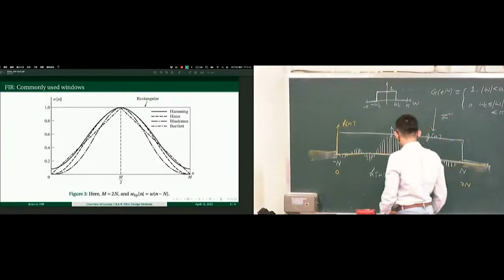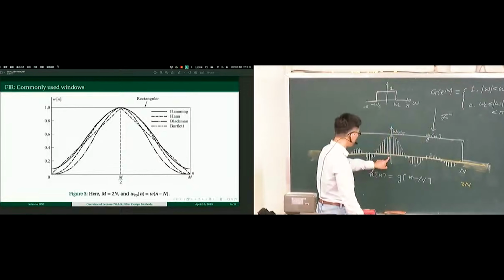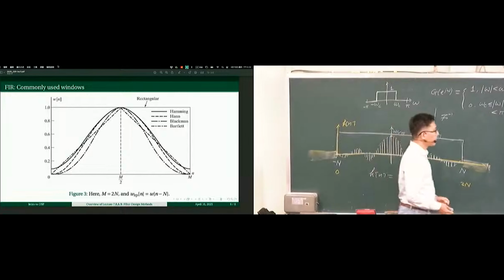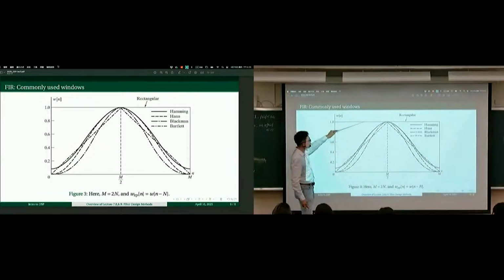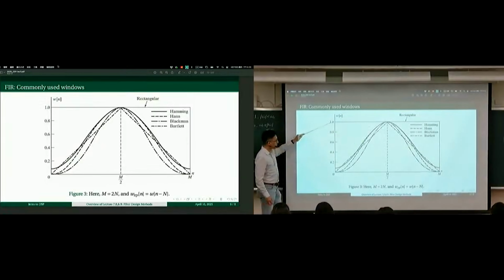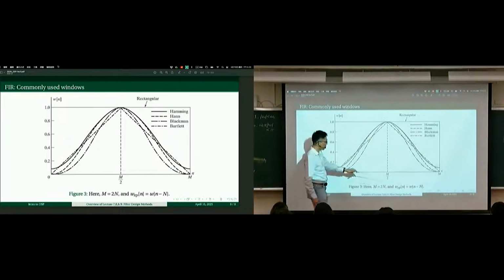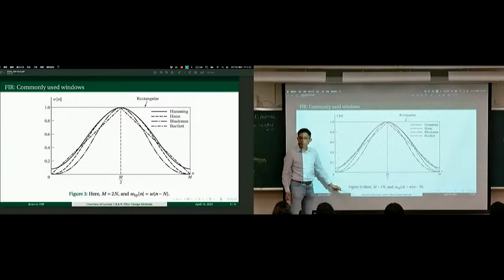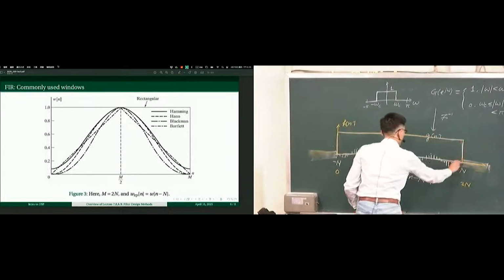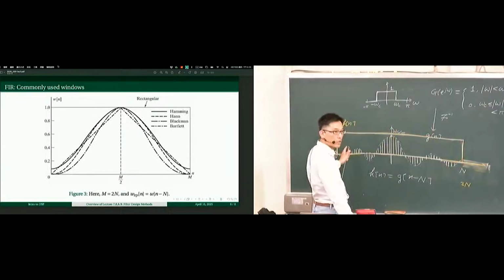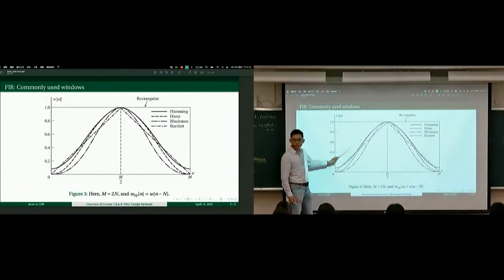The rectangular window is all one from 0 up to M, where M here is 2 times N. Imagine that truncation itself corresponds to using the rectangular window. Don't change the shape yet. But the 4 additional windows all have different shapes.